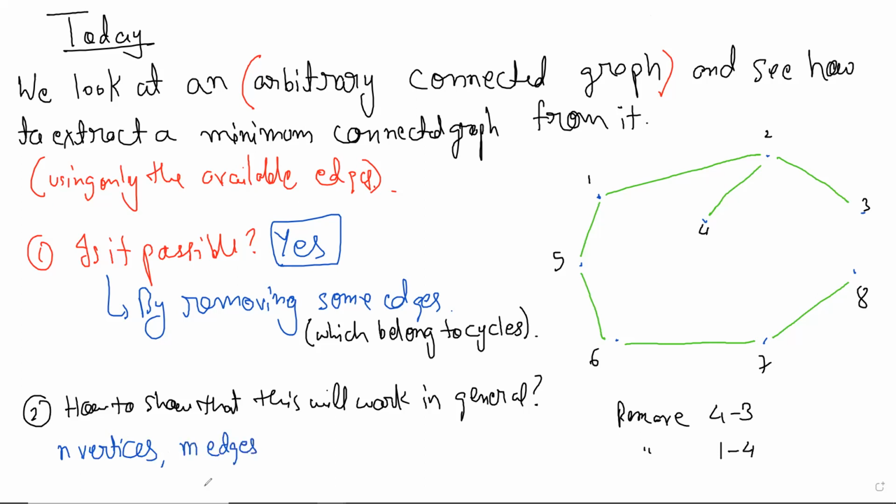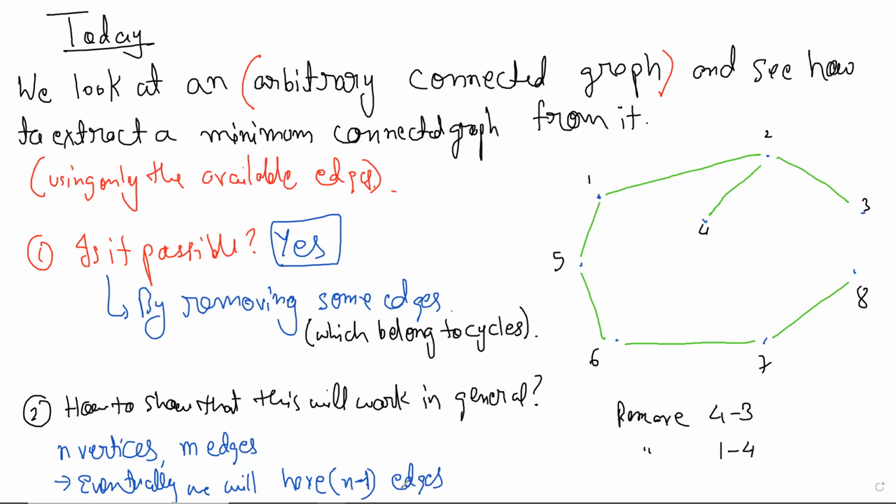It's not a tree, it's just a connected graph with m edges. That's what we have to show. That's right. We want to show that eventually we will have n minus 1 edges.